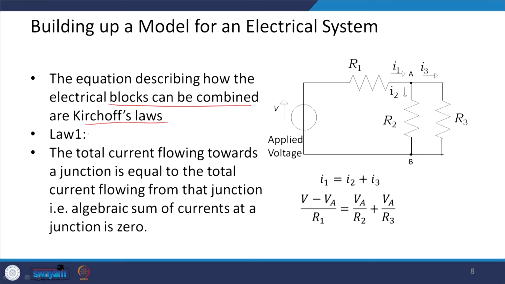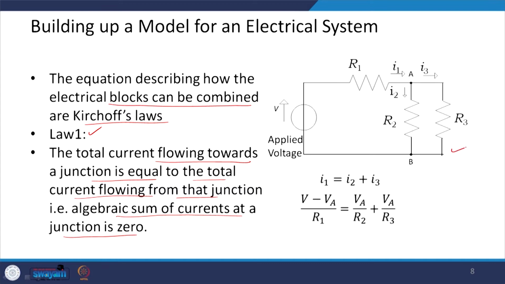The equations describing how the electrical blocks can be combined are Kirchhoff's laws. The first law says that the total current flowing towards a junction is equal to the total current flowing from that junction. So the current in has to be equal to the current out at a junction, or we can say that the algebraic sum of currents at a junction is 0.